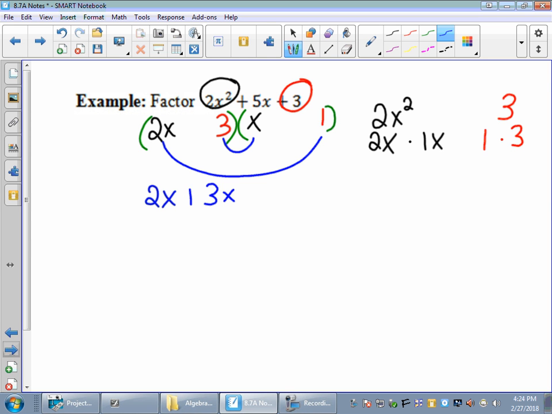Does 2x plus 3x give you 5x? It indeed does, which means I happen to pick the right choice. So I know this was a positive 3 and a positive 1, and it worked out.